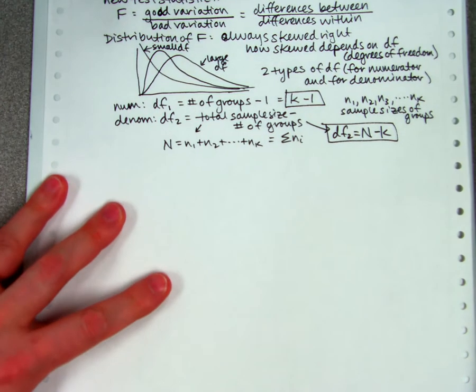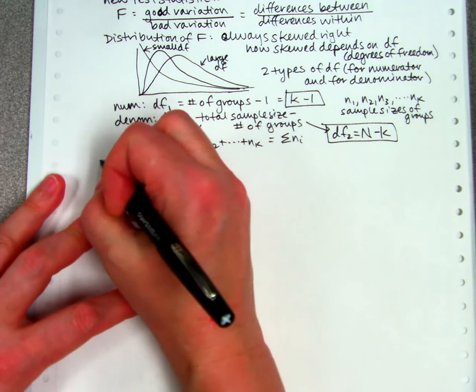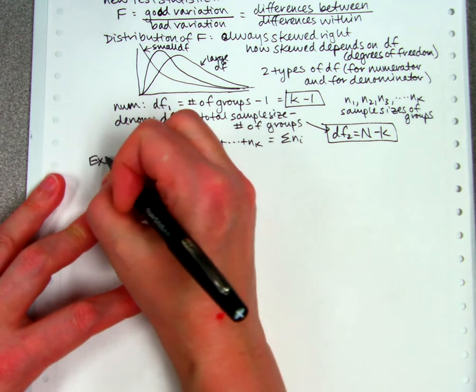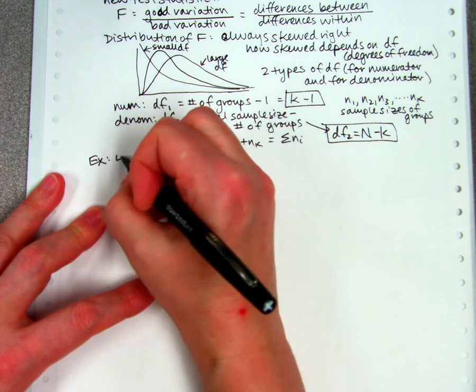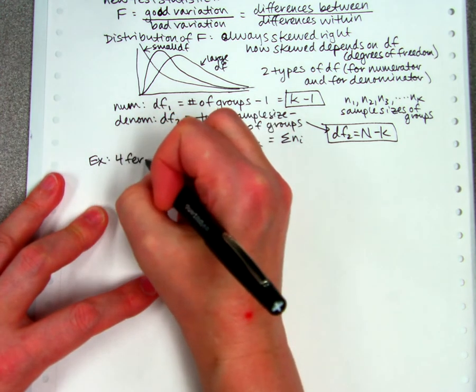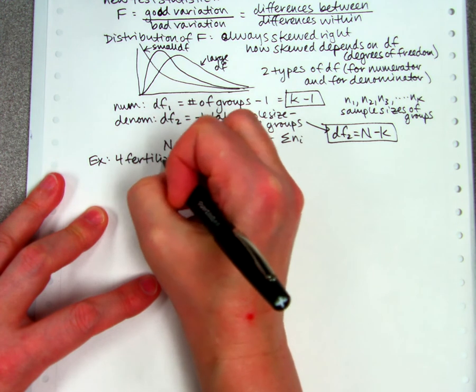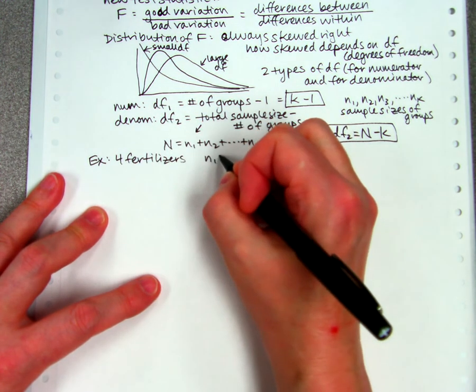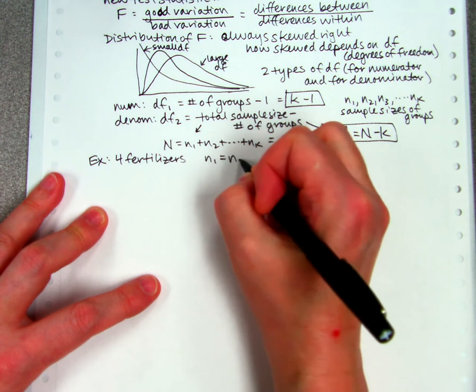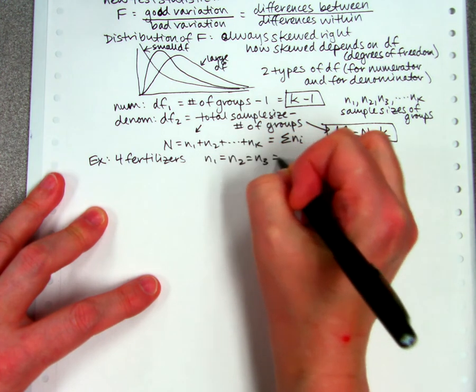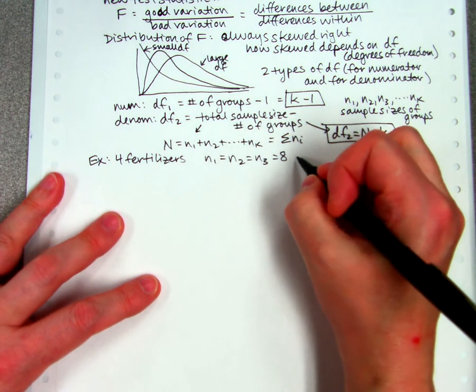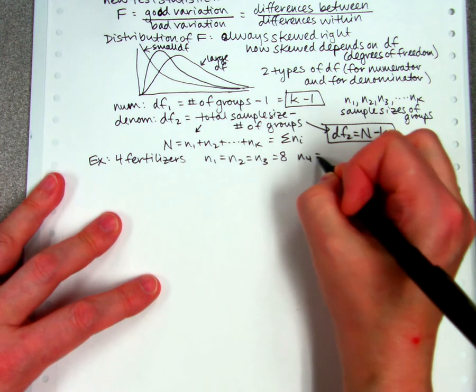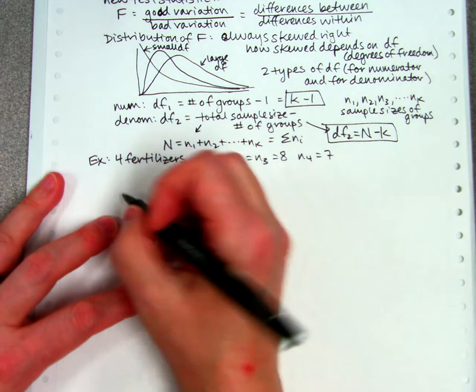Before we go on to the slightly harder part, let's do an example of that with the warm-up information. Remember, there were 4 fertilizers being applied to flowers, and we had 3 groups of flowers that were all 8. So n1, n2 and n3 were all 8 flowers in each group, and then remember the monkey got the last one, so n4 was only 7. That was kind of entertaining.